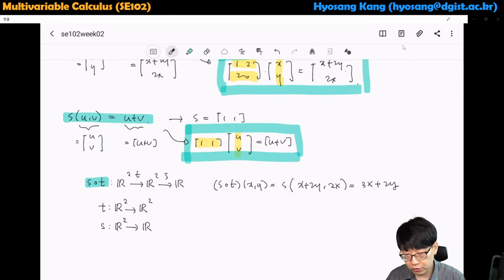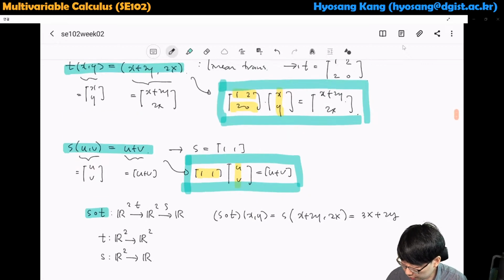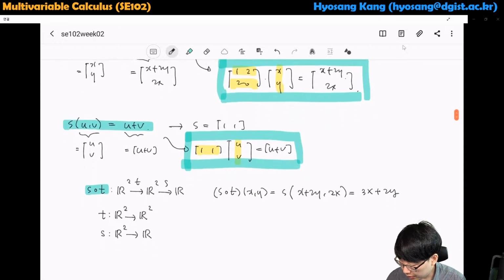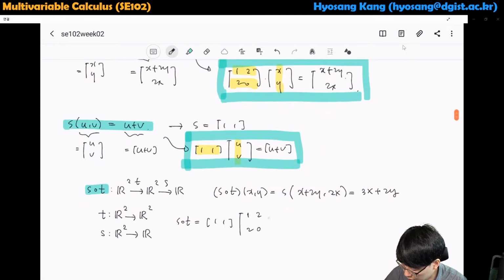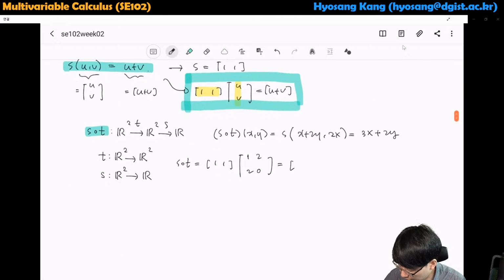Now let's take a matrix multiplication. S and T are represented by a 1-by-2 matrix and a 2-by-2 matrix. So ST should be represented by (1 1) times the matrix with rows (1 2) and (2 0). If you multiply these two matrices, you get (3 2). Normally you don't put a comma in this matrix.